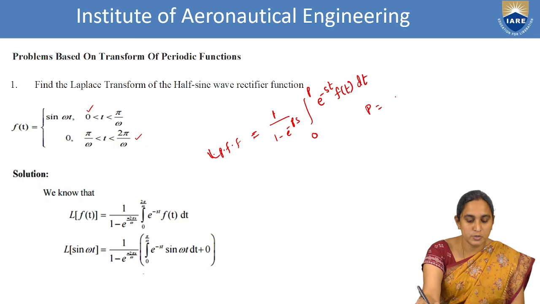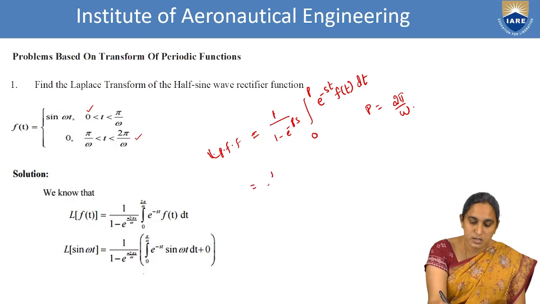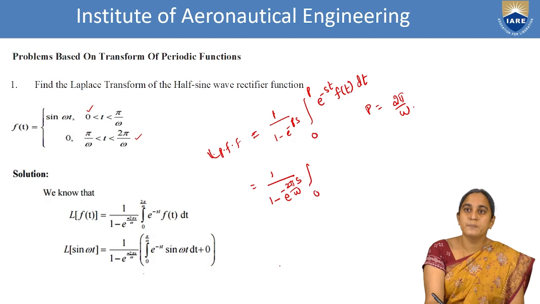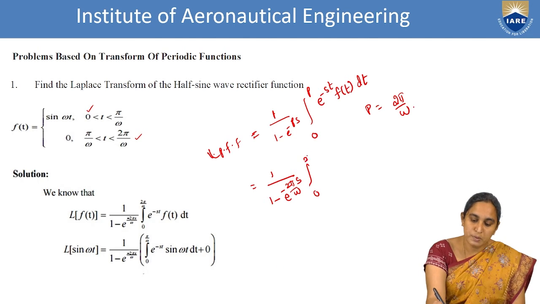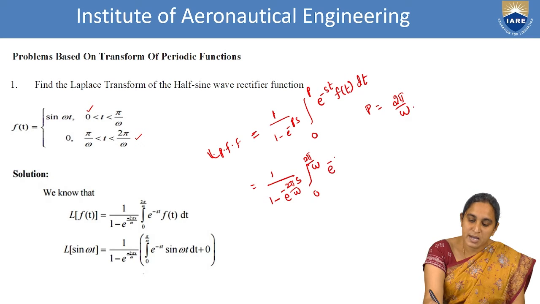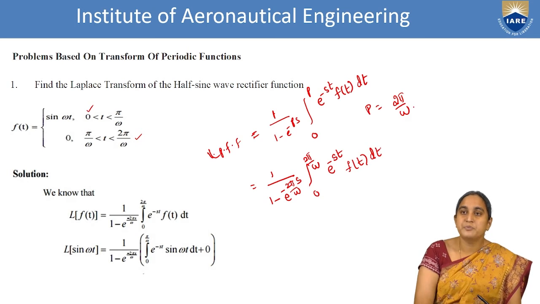Period p is equal to 2π/ω. Therefore, it is 1 by 1 minus e^(−2πs/ω) times the integral from 0 to 2π/ω of e^(−st) f(t) dt.